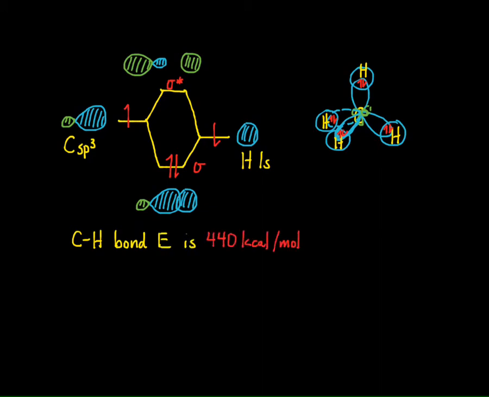And we say that the carbon-hydrogen bond is 440 kilocalories per mole. This is a very strong bond, which means that alkanes typically are very stable and not very reactive. An important point that we'll see play out throughout the chapter.